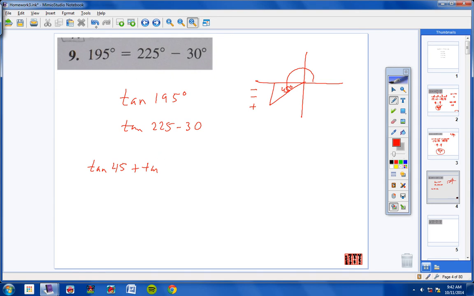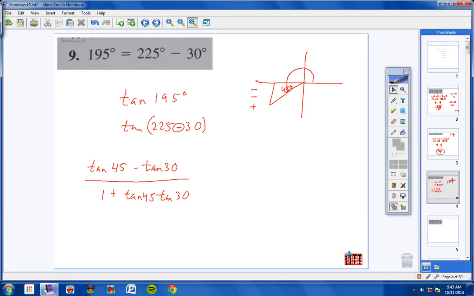I apologize, guys. It should be minus, my fault, because you're taking two angles here and you're subtracting them, okay? So tangent of 45 minus the tangent of 30 all over, let's see here, 1 plus tangent of u, of course, u is 225, we're going to use 45, times the tangent of v, which is 30, okay?